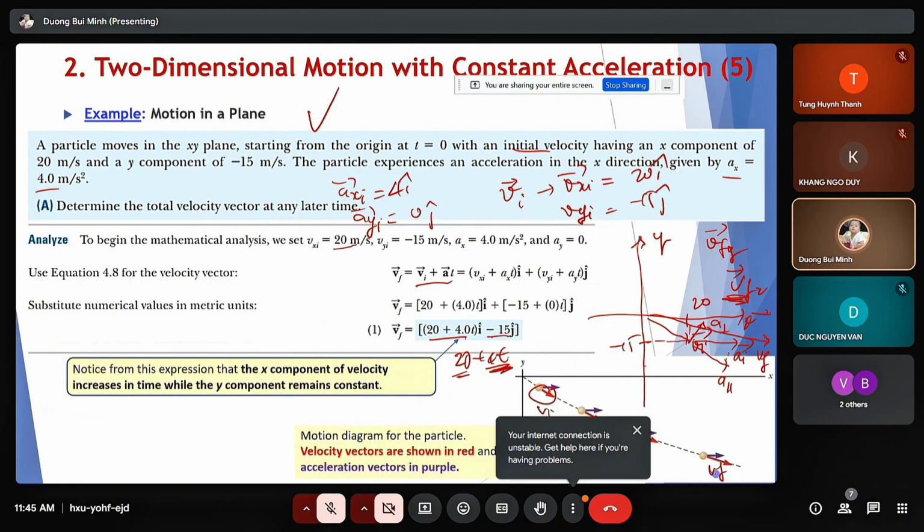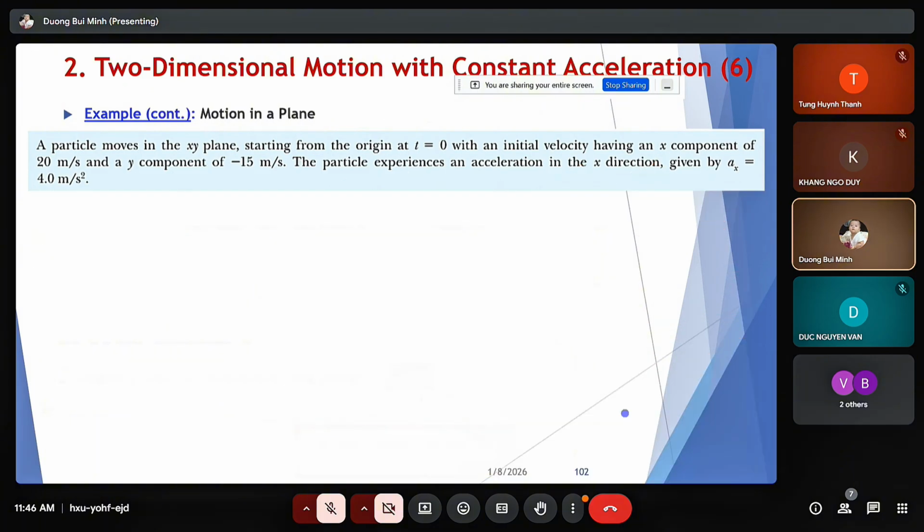If we translate Vf to be here, so here is Vf. And acceleration vectors are in purple color, constant, because we are considering constant acceleration, so acceleration will be constant.